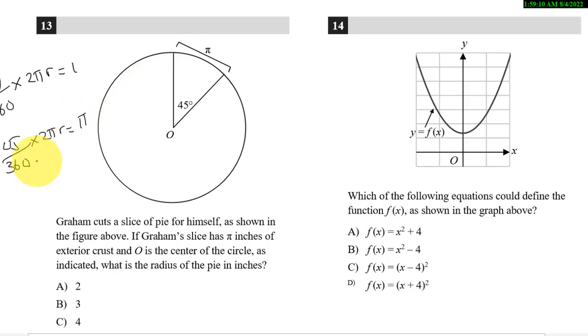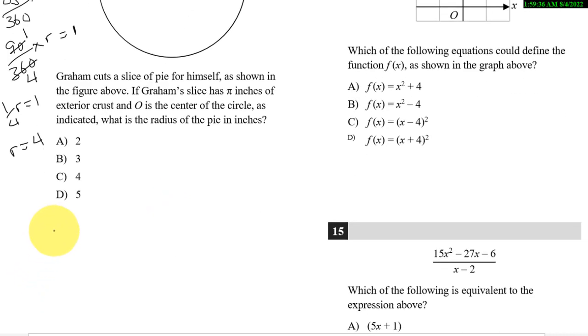So solving this leaves us with 45 times 2 is 90, so that is 90 out of 360. The pi cancels, so this leaves us with r is equal to 1. 90 cancels with 360 by 4, so a quarter r is equal to 1. The value of r is 4. The answer is C.